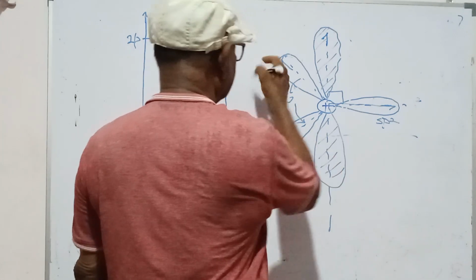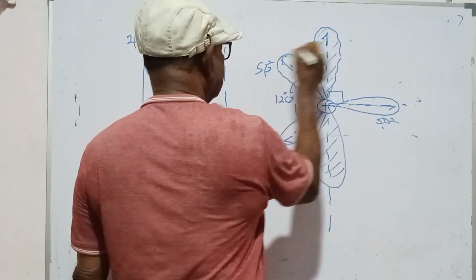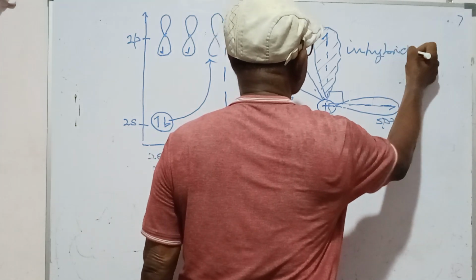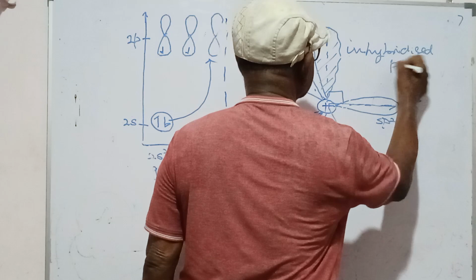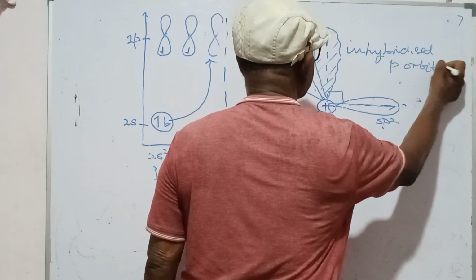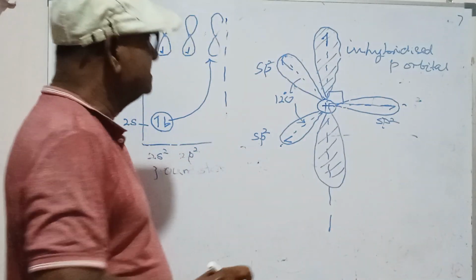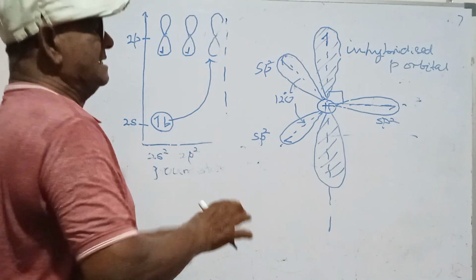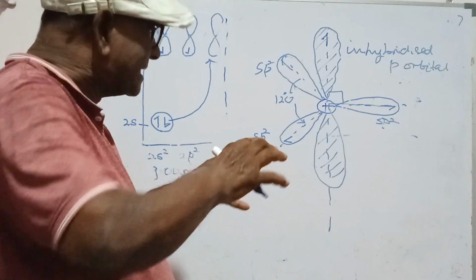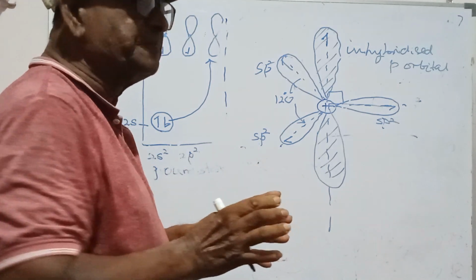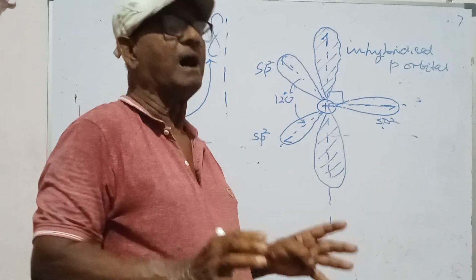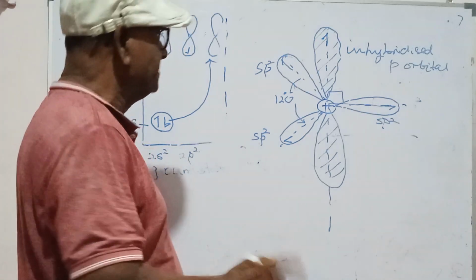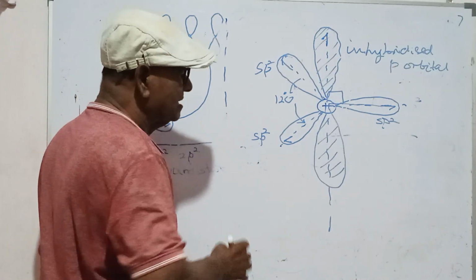So these are sp2 hybridized orbitals. This is the unhybridized p orbital. This is the orbital arrangement of the sp2 hybridized carbon atom.